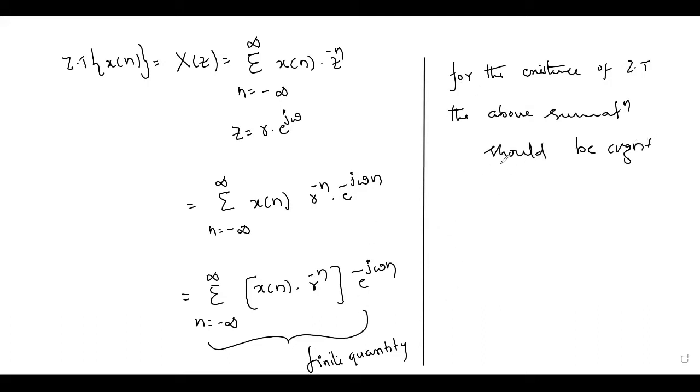Convergent means finite quantity. So the condition is the summation. We are not going to verify this condition while solving the problems. For what values of R or for what values of n, like that we are going to analyze it. For what ranges this summation is going to be convergent. You will get an idea while solving the problems. This must be less than infinity.